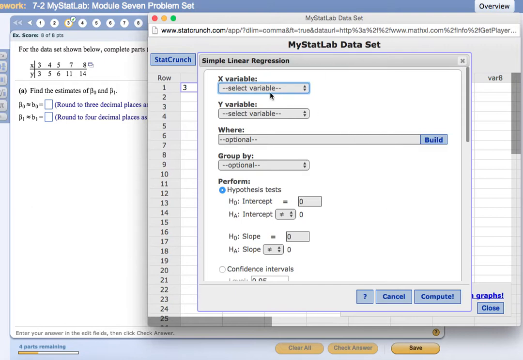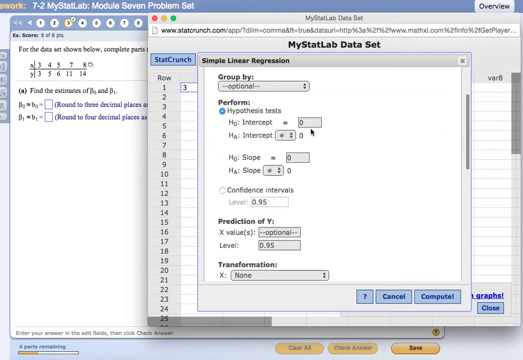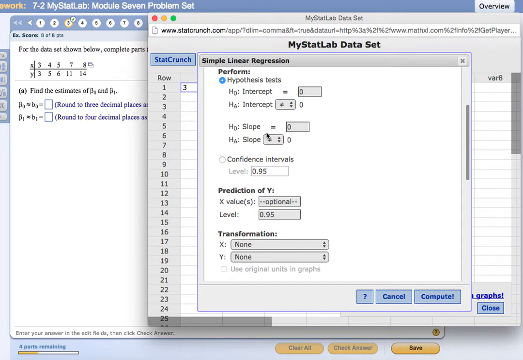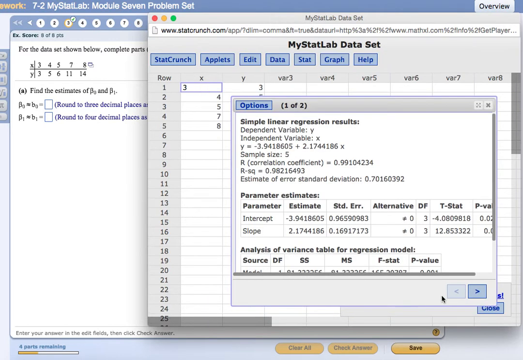So we go in here and we select x for our x variable and y for our y variable, and StatCrunch sets it up pretty well. So we have our null and alternative equal to 0 and not equal to 0 for alternative, so that looks good for that. And then we go ahead and compute it, and so our linear regression equation is right here.